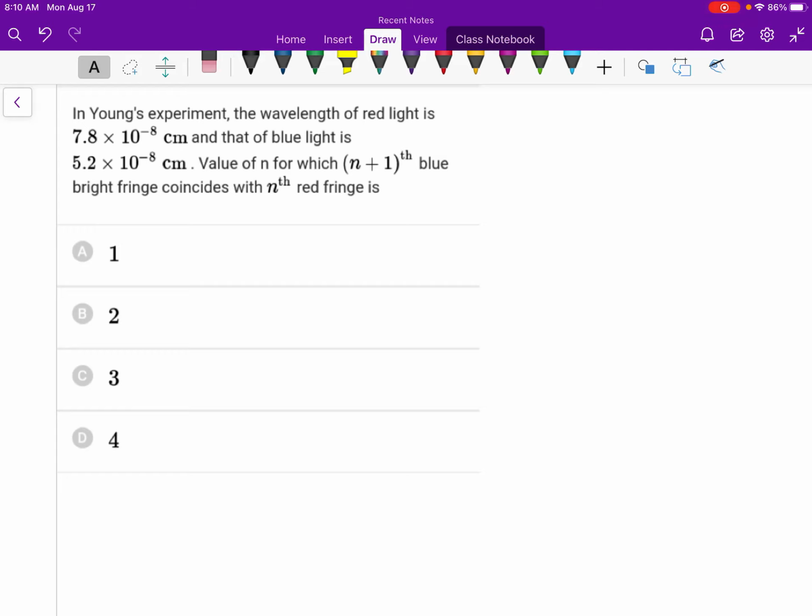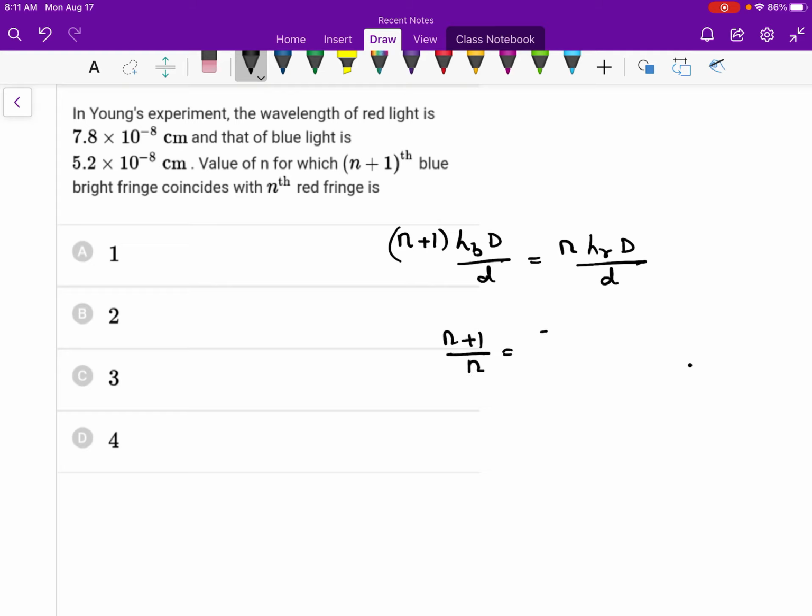In Young's experiment, the wavelength of red light is this and that of blue light is this. Value of n for which the n plus 1th blue bright fringe coincides with the nth red fringe. So (n plus 1) lambda blue D by d is n lambda red D by d.